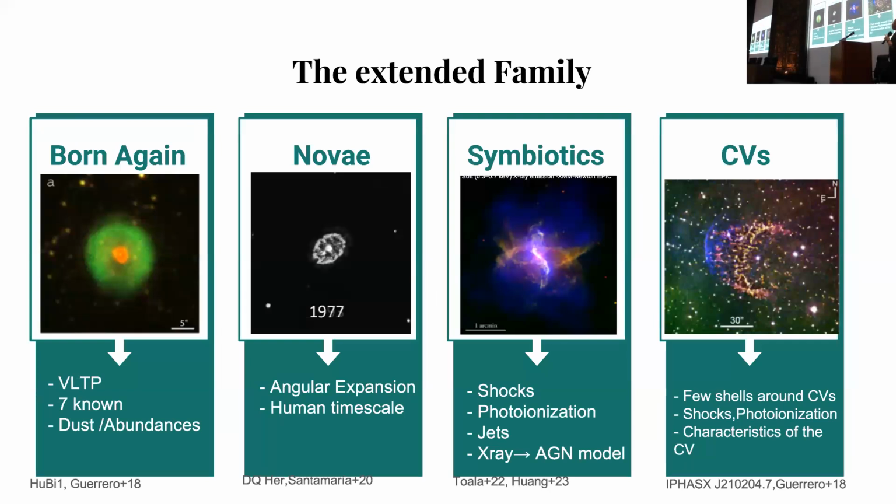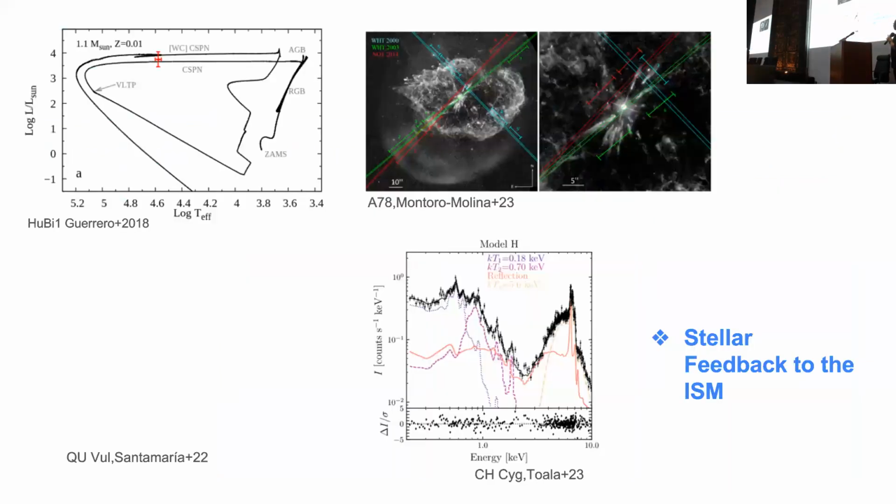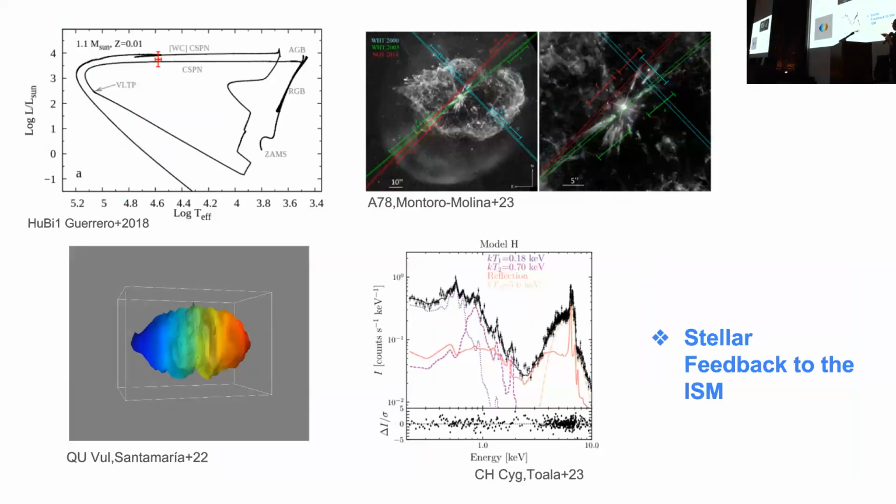There's a big family of objects: born-again stars, novae, symbiotics, CVs. Dennis will talk about symbiotics on a different occasion. All involve binaries. Here are some of the things that we have been studying.